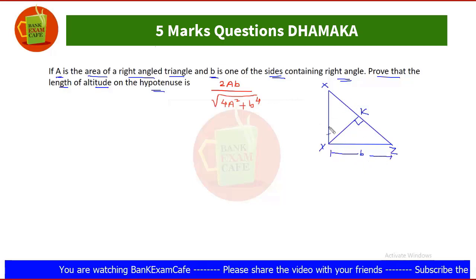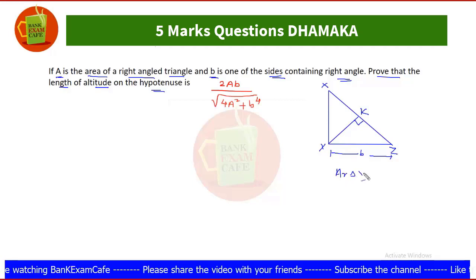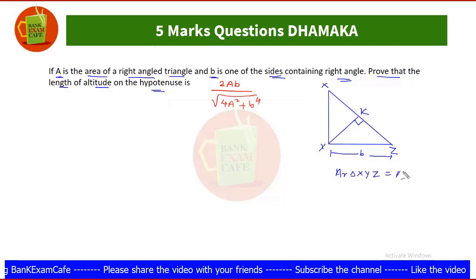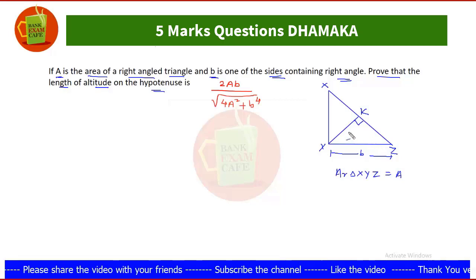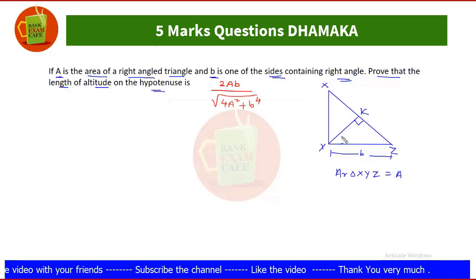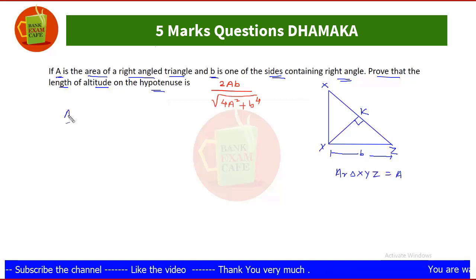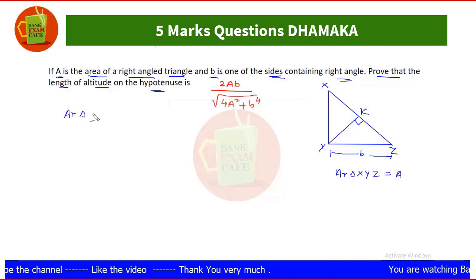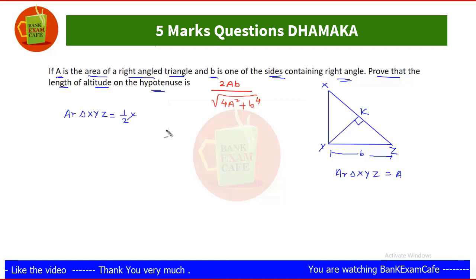And it is given that the area of this triangle XYZ is equal to a, this is given, and we have to find the altitude, that is YK, this we have to find. Now here first we will take the area of triangle XYZ, that is equal to 1/2 base.